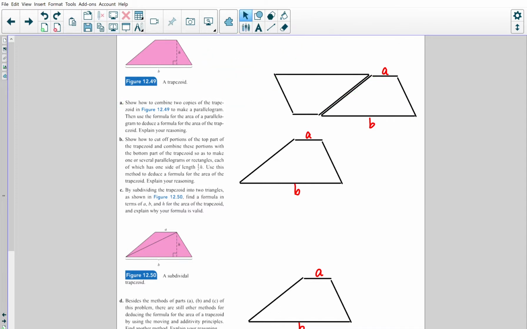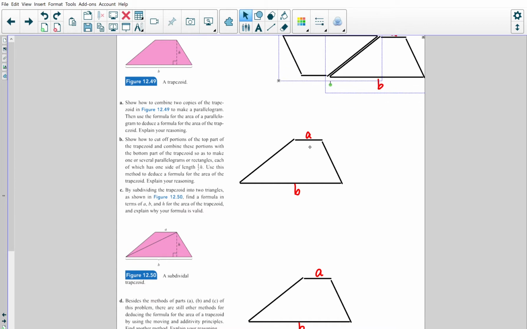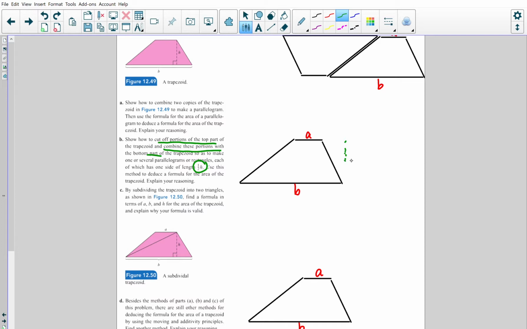The second one has the same idea, but we're doing it a little differently. It says show how to cut off portions of the top part and combine these portions with the bottom part, so as to make one or several parallelograms or rectangles, each of which has one side of length 1/2 H. Again, we talked about that in class when we did the triangles.